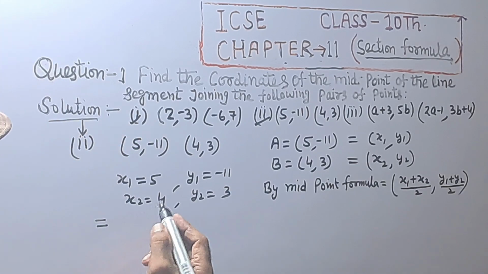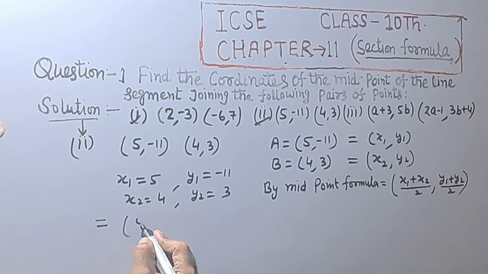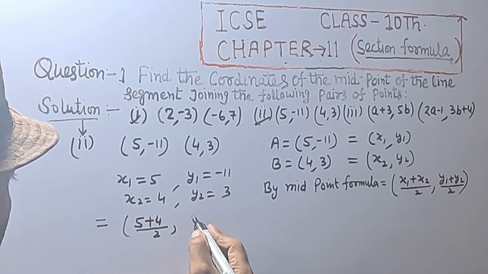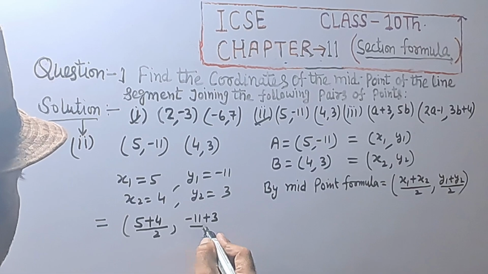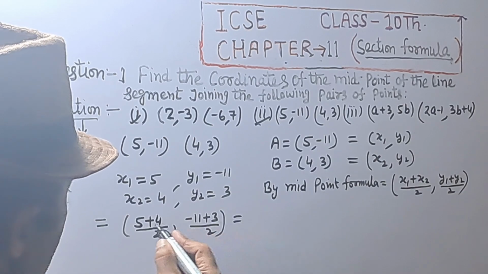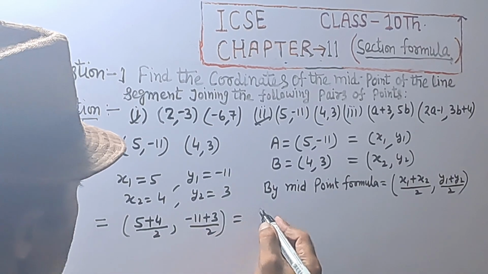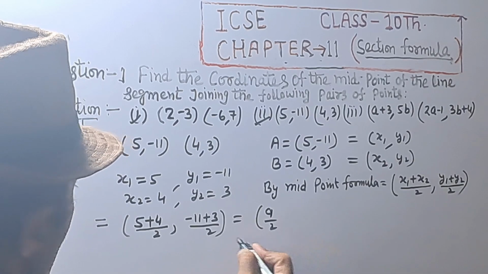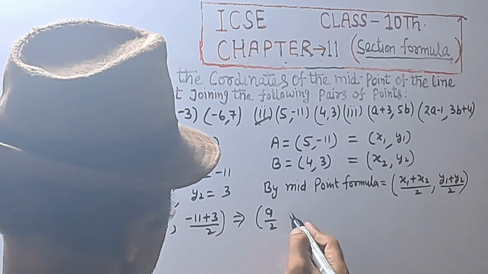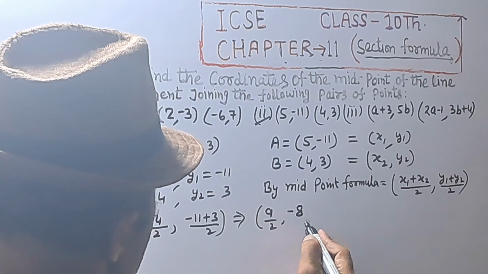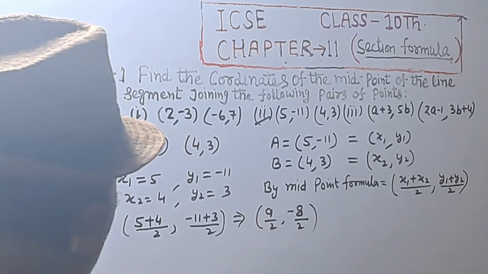That is equal to x1 is 5 plus x2 is 4 divided by 2, comma y1 is minus 11 plus y2 is 3 divided by 2, that is equal to 5 plus 4 is 9 upon 2, and minus 11 plus 3, that is equal to minus 8 upon 2.